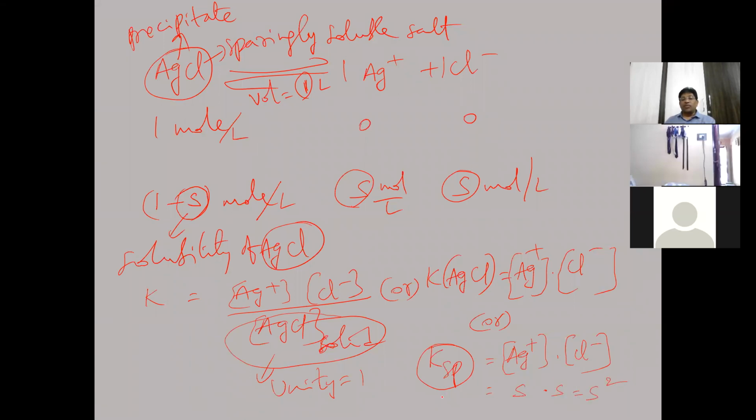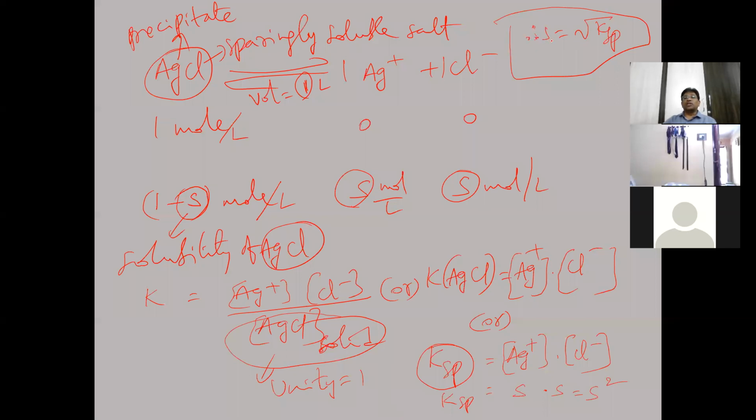So KSP is equal to S square. Therefore S equals under root KSP. KSP means solubility product. Is that clear?